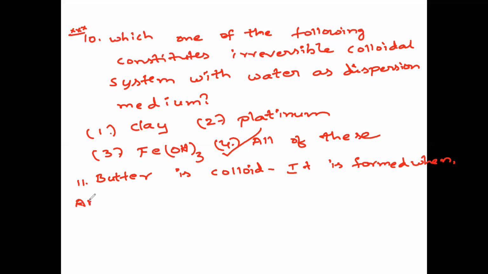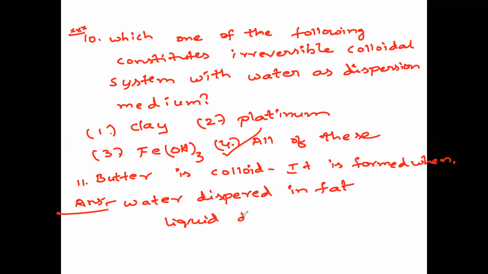Directly I'm adding the answer. Options also I'll discuss. First option, fat is dispersed in solid casein. Fat globules are dispersed in water. Water dispersed in fat. That is liquid in solid, dispersed because fats are solids. I hope this is the answer. Water dispersed in fat.